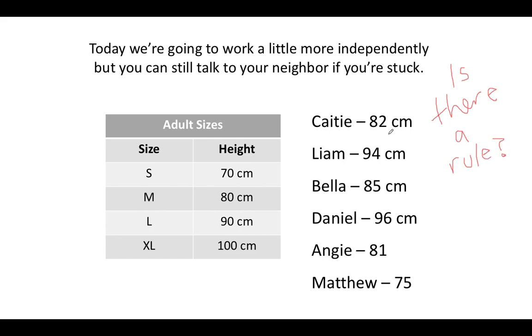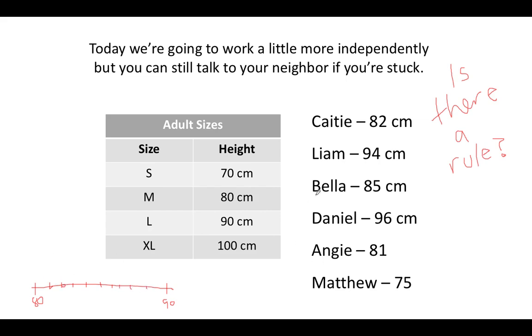Right? So eventually, when I'm first doing this, I might actually use a number line and really think, okay, I could choose 80 or I could choose 90. Let me think about the in-between. Is there a rule? Right? 82.